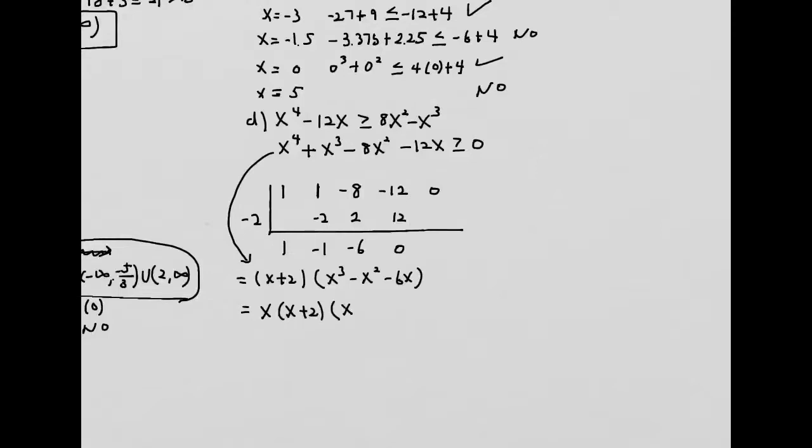Then I will get x squared minus x minus 6, and I know I can factor that quadratic, which will give me x minus 3 and x plus 2. So you could say you have x equal 0, negative 2, and positive 3 as the solutions.